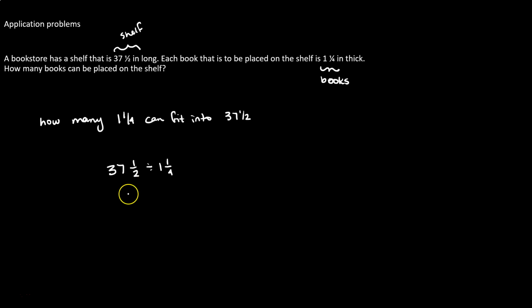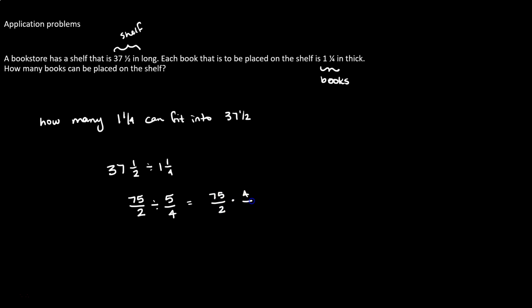Let's turn each of our mixed numbers into improper fractions. So we'll do 37 times 2 to get 74, plus the 1 that's already there, we have 75 over 2. And then 1 1/4 would become 5/4. And remember, when we're dividing fractions, we just flip the second fraction and multiply.